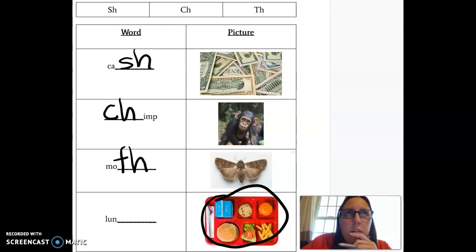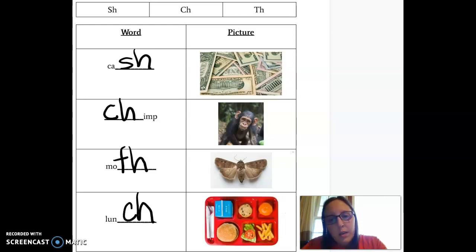SH, CH, or TH? If you said CH, you are absolutely correct. Lunch.